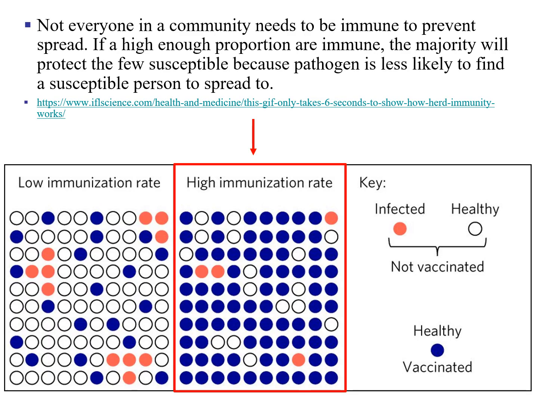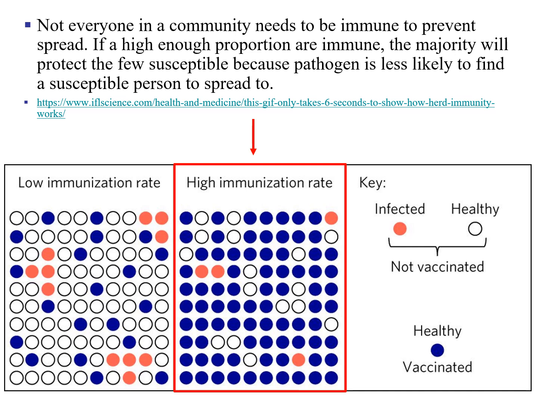Not everyone in a community needs to be immune to prevent spread. If a high enough proportion are immune, the majority will be protected from that pathogen. So the individual that is unhealthy, who is immunocompromised, will be protected because the majority has already been immunized.